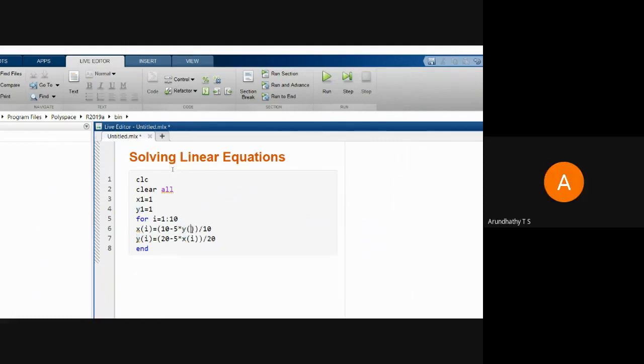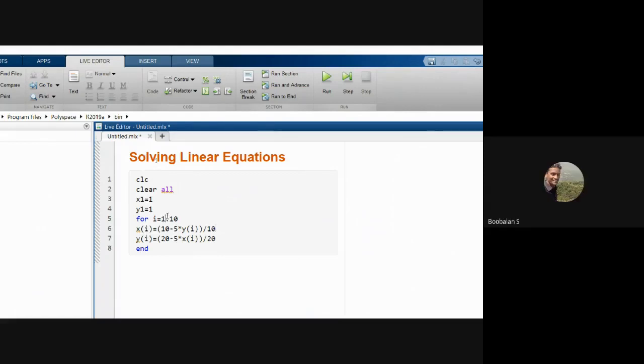That's another thing I wanted to ask. We have to start from the next value of y only, no sir. Because we have taken x1 and y1, we should be starting the iteration from I equal to 2 to 10 only, no sir. Initially we have it over here.